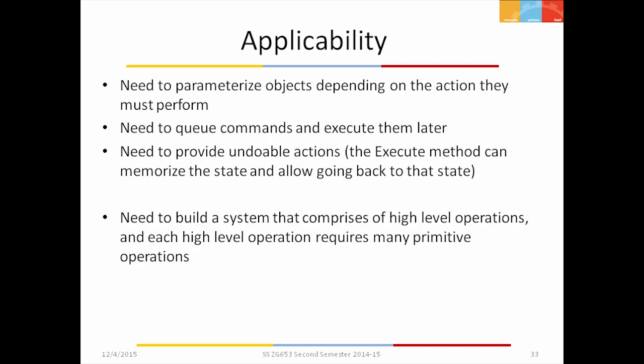Another scenario is that you need to build a system that comprises many high-level operations, and each high-level operation requires many primitive operations. In that case, command pattern is also quite useful. Finally, it is necessary to decouple the invoker from the action performer, client and the server.